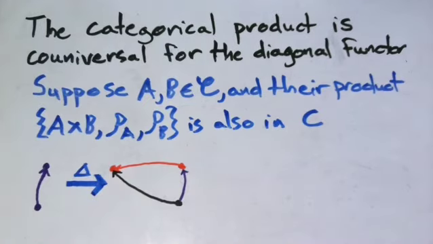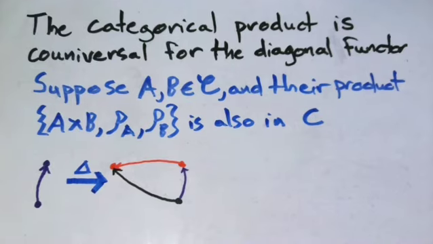So here we've drawn back out the pattern and we've just removed the labels for our co-universality diagram. So we're using the functor delta, the diagonal functor. And so now we want to basically put the labels on each of the objects and the morphisms in this diagram. What would it mean to say that the categorical product is co-universal for this diagonal functor?